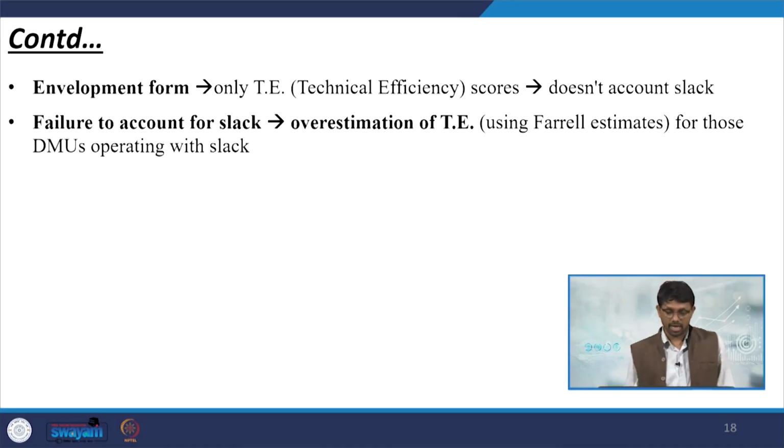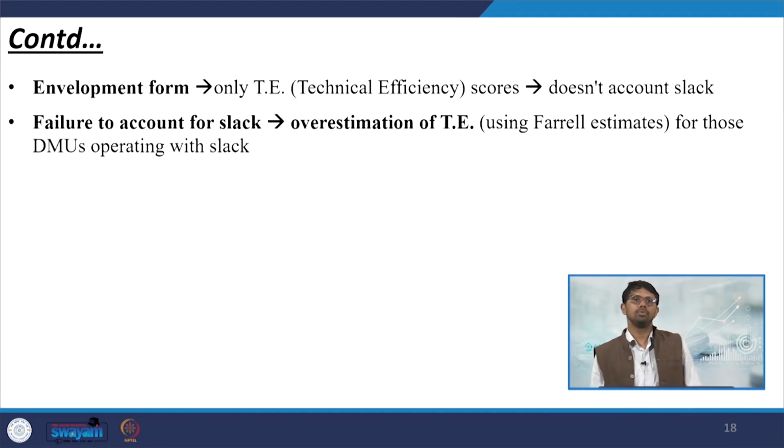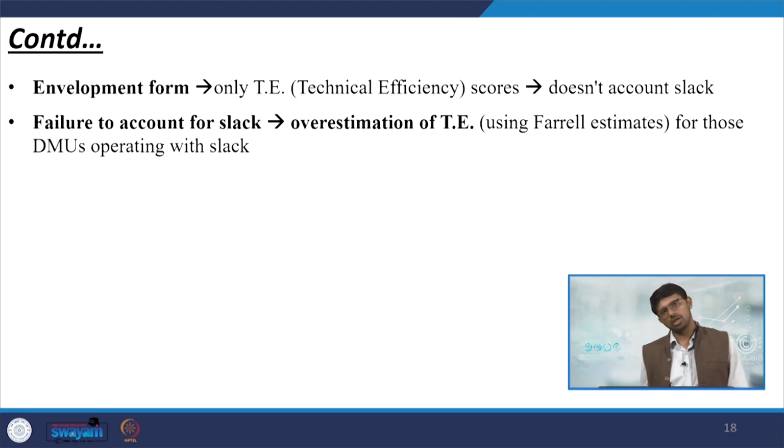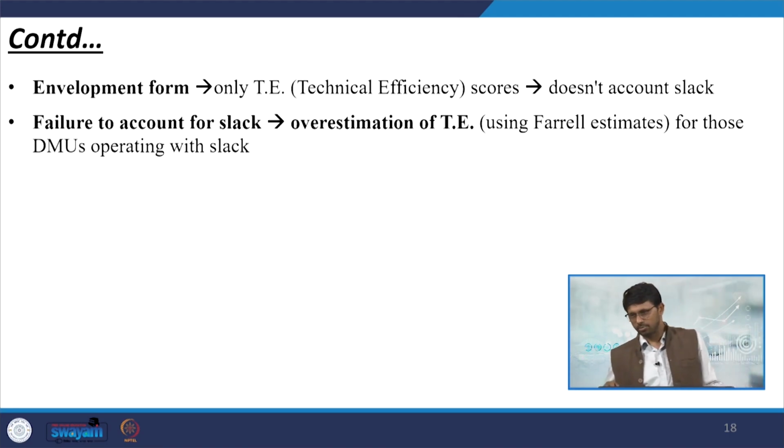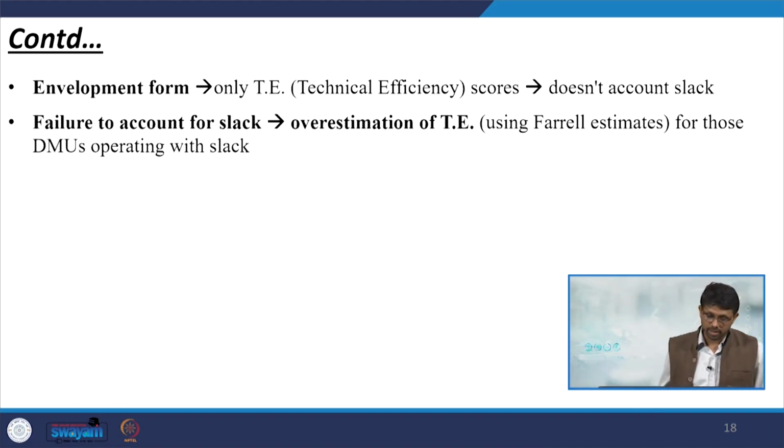This fails to account for slacks, or sometimes overestimates technical efficiency as per the Farrell estimates for those DMU units operating with slacks. So, now you can understand the relevance of other advanced models, since slacks are not clearly accounted for by the envelopment form.